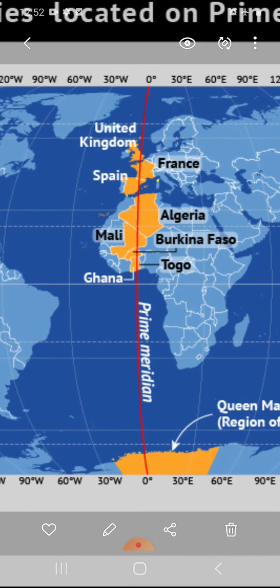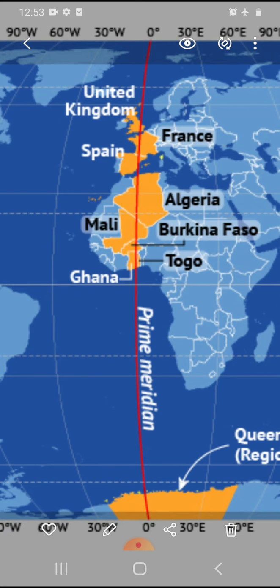See the prime meridian, 0 degree longitude. This 0 degree longitude is also known as the Greenwich meridian. How did it acquire this name?